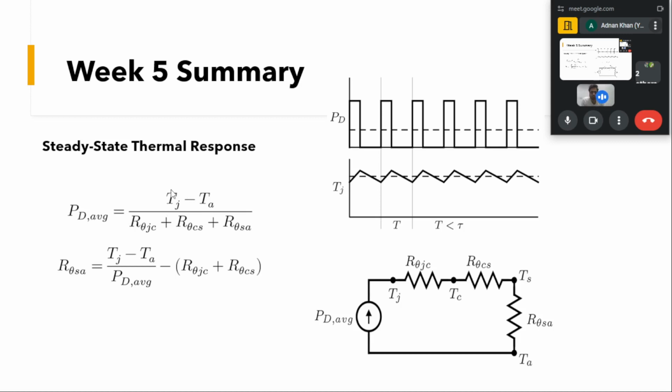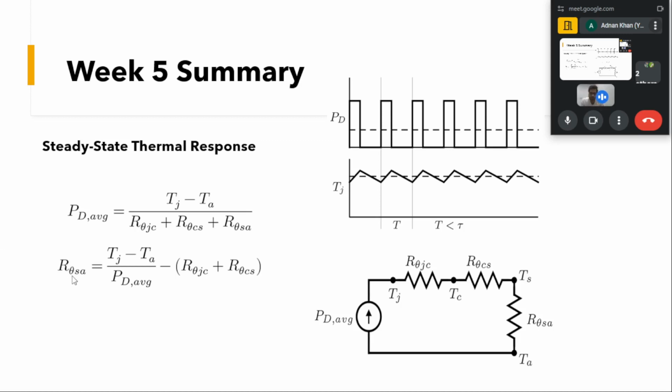Or, in a way, if we want to limit the junction temperature, and we know the ambient temperature, let us say 25°, and we want to limit the junction temperature to, let us say, 100° or 80°, and so on, we know the power loss, and we know the R theta JC and R theta CS through the data sheet. Now we want to decide what kind of heat sink we want to use, and what should be the thermal resistance of that heat sink in order to achieve a particular temperature at the junction.